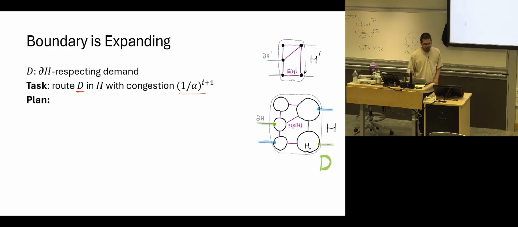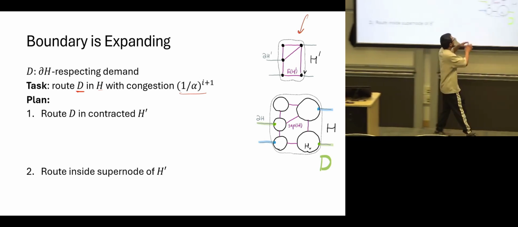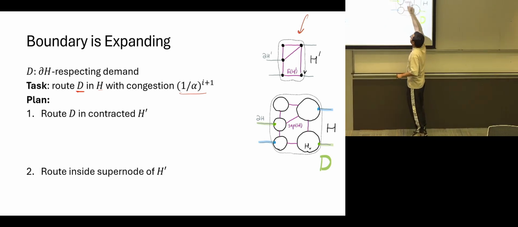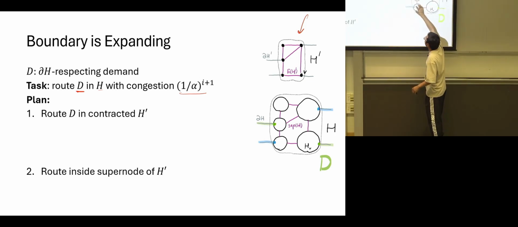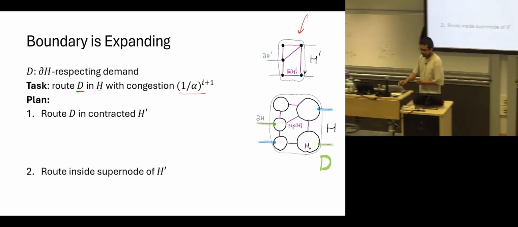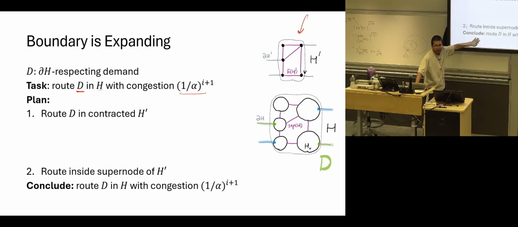The plan is that I first show how to route in the contracted graph. After that, I will define how to route between the supernodes. And then I just need to show how to route inside each supernode, and that would be done. After these 2 steps, I conclude how to route in H.